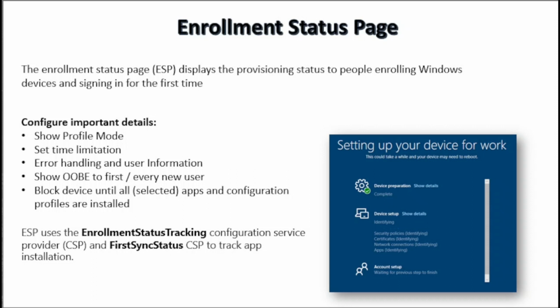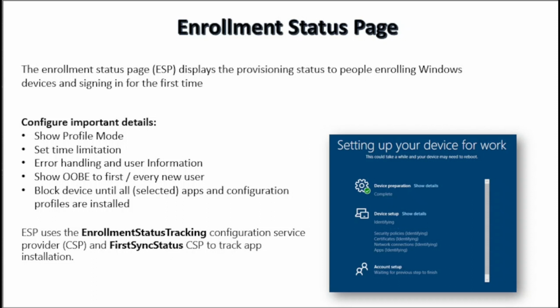To deploy the ESP to devices, we have to create an enrollment status page profile in Microsoft Intune. Within the profile, we can configure the enrollment status page settings that control what we want to show: the profile mode, time limitation, error handling and user information, showing the out-of-box experience to the first and every new user, and blocking the device until all selected applications and configuration profiles are installed.